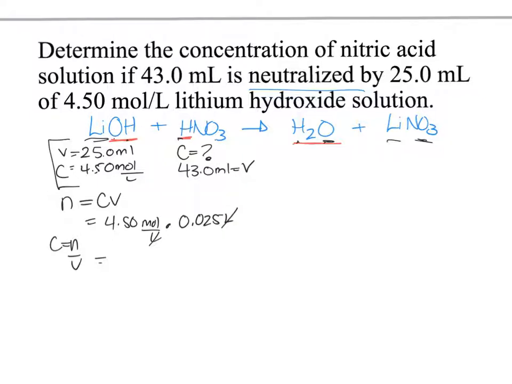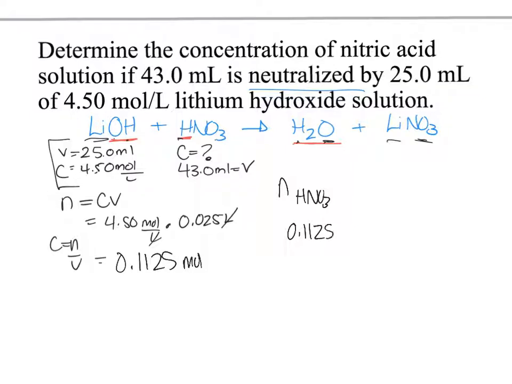Okay, so 4.5 times 0.025 gives me 0.1125 moles. Now I want to figure out the number of moles of HNO3 by using the mole ratio.